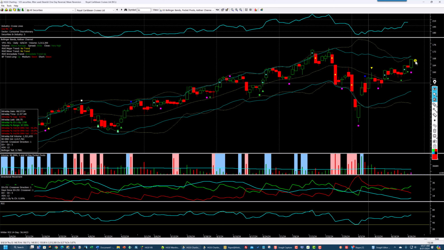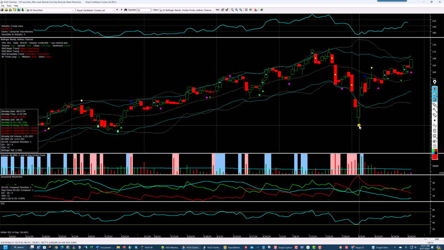Now RCL is getting up to the top of the upper Bollinger Bands, but if we look at this over here, the ADX is only 12, so it's not a real strong trend. As you can see, it's been kind of all over the place. This would have been a great trade here on the overextension to the downside when it bounced back up.